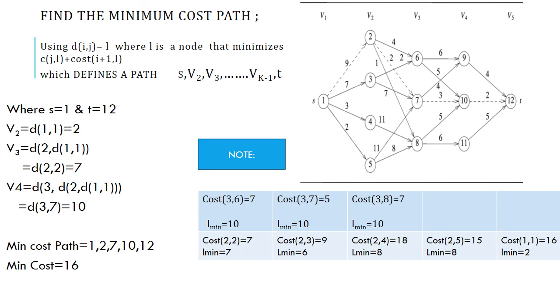So using d of i comma j equal to L. What is i? i is the stage, j represents the vertices at the particular stage, and L represents the node that minimizes cost of i comma j, j comma L plus cost of i plus 1 comma L. So we have already noted down the L node whenever we are finding the cost. And finally this is going to define the path S comma V2 comma V3 comma Vk minus 1 and comma T is the same.